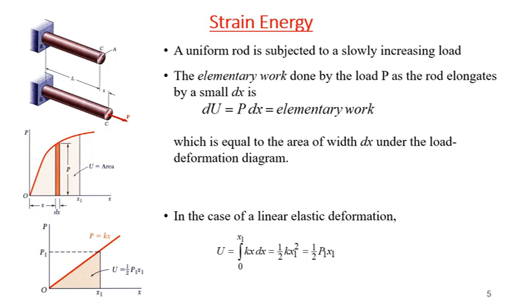This is known as strain energy. Within the elastic and proportional limit, if we remove the load, the whole strain energy will be recoverable. So there is no loss in energy within the linear elastic limit.